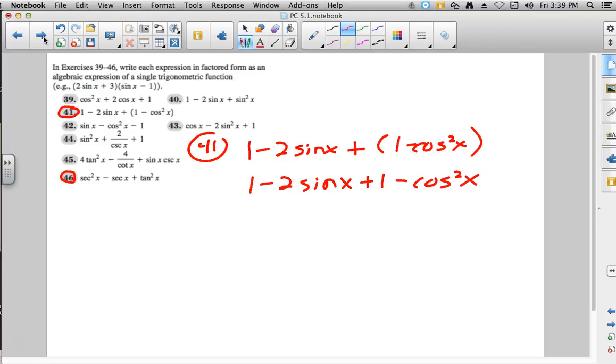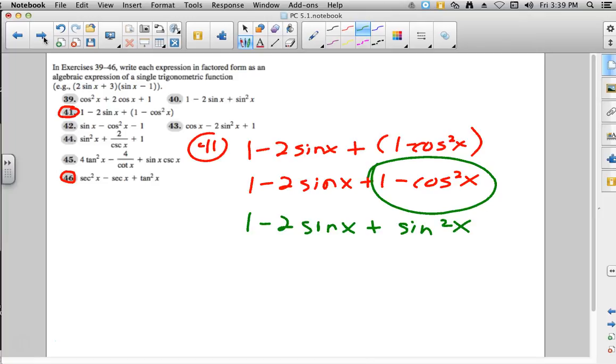Because when we drop those parentheses, we see this, which just happens to be the Pythagorean identity for sine squared theta plus cosine squared theta equals 1, or cosine squared theta plus sine squared theta equals 1, when you're trying to solve it for sine squared. So 1 minus 2 sine of x plus sine squared x.